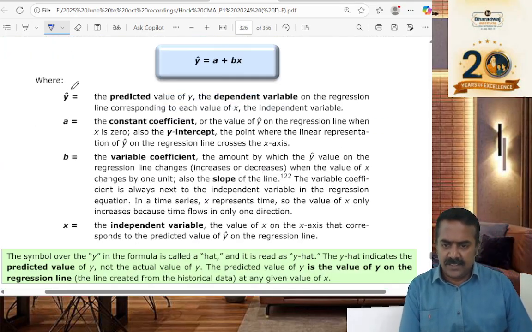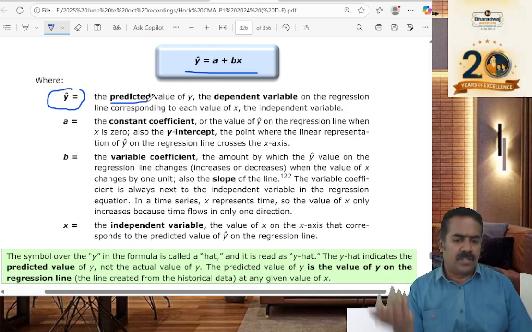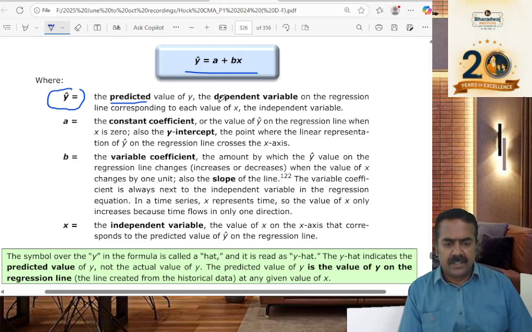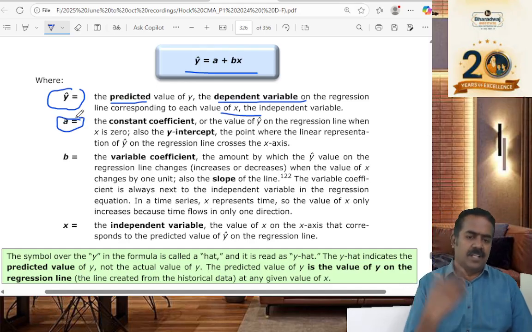Let us analyze. Y is equal to a plus bx, like that we express. Y is nothing but the predicted value. It can be sales or production or output, or it can be success or failure, things like that. The dependent variable is which one? Y. A is nothing but a constant, like a fixed cost.